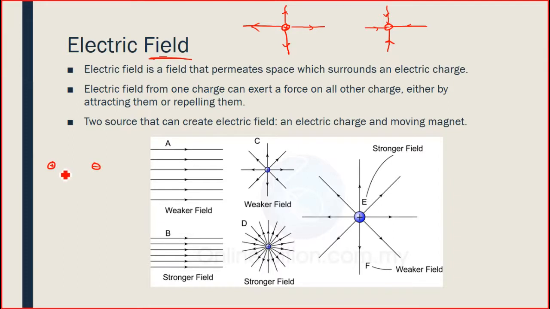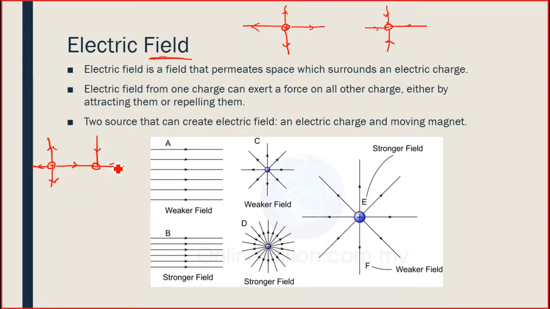So this cannot really happen in the real world. You cannot have two objects attracted to each other without anything in contact whatsoever. So the idea over here is that we introduce this field concept. Positive charge, it goes out. And then negative charge, it goes in.